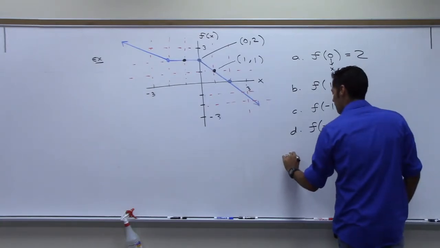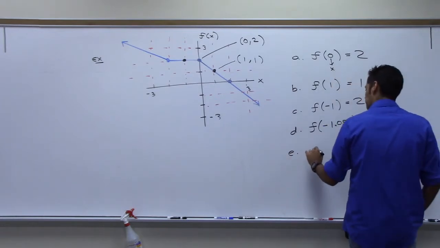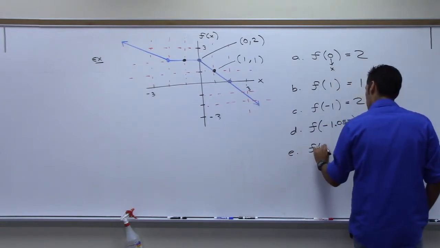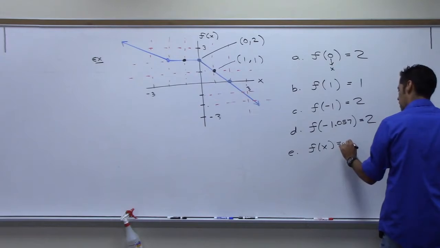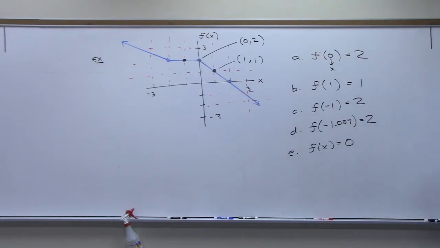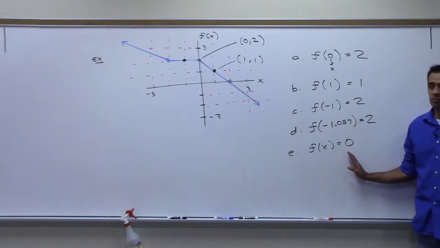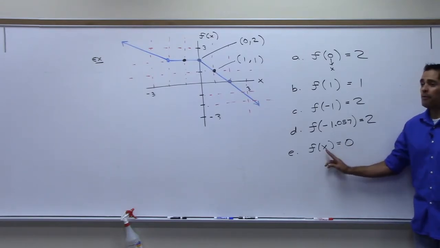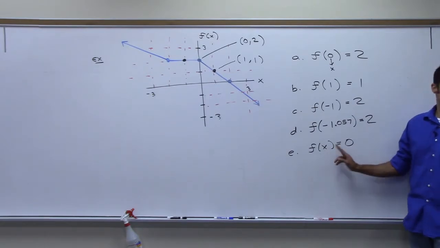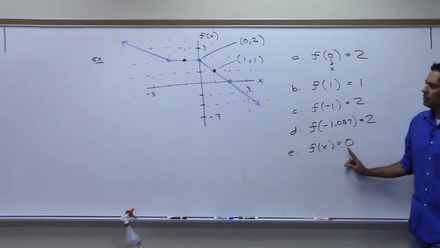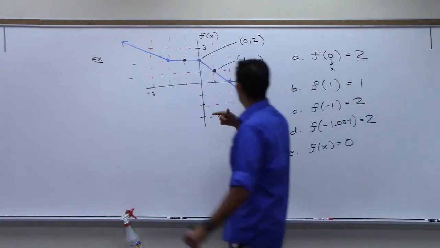What's that asking? Yeah, now they're saying, when is the output 0? So you're asking for the x value that gives you an output of 0. So where is the output 0? At where? X is 2.